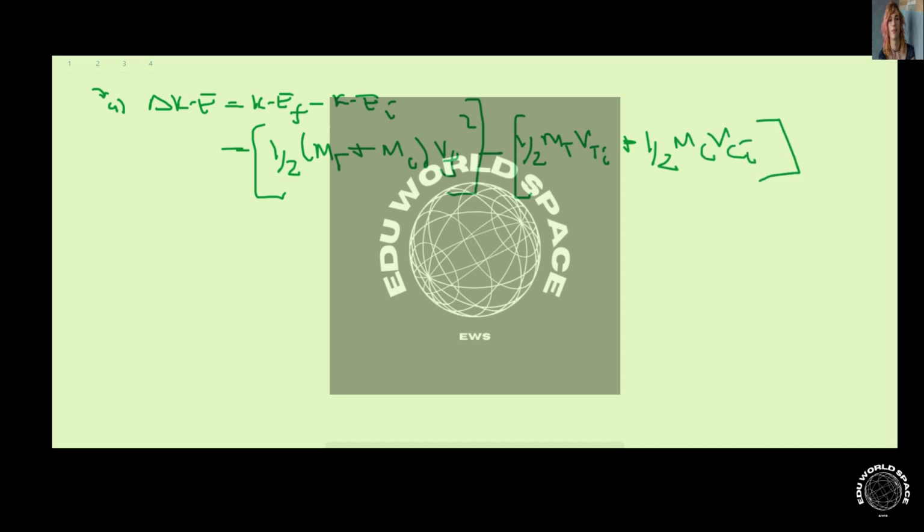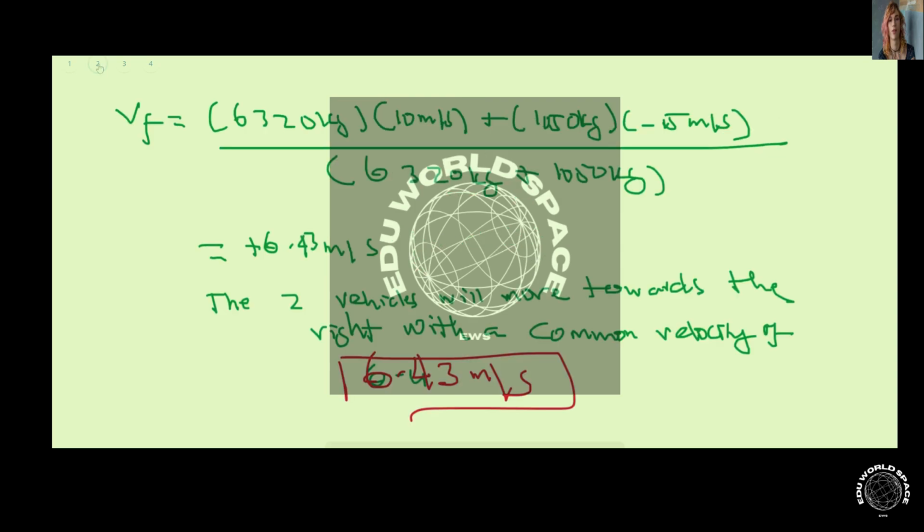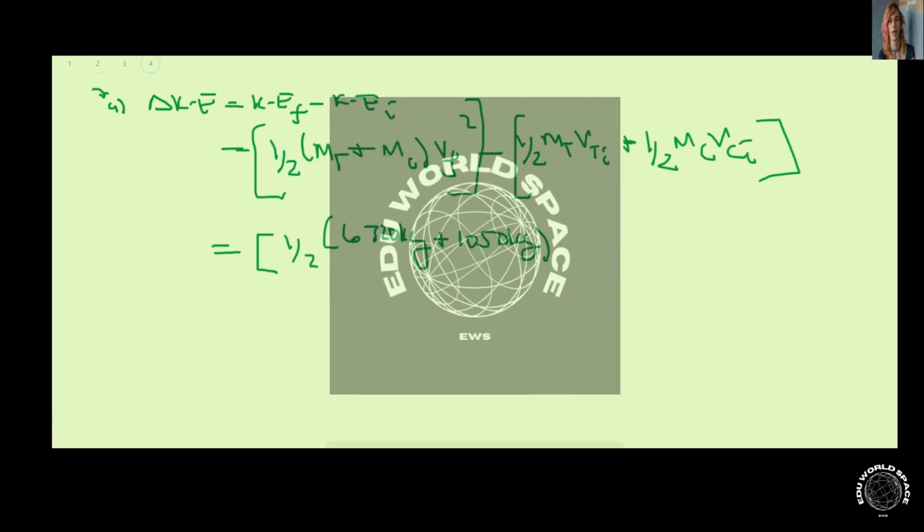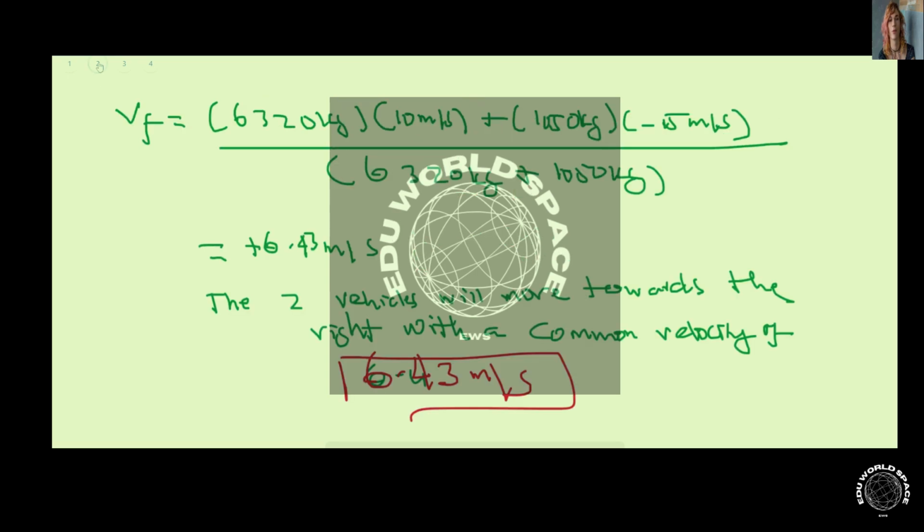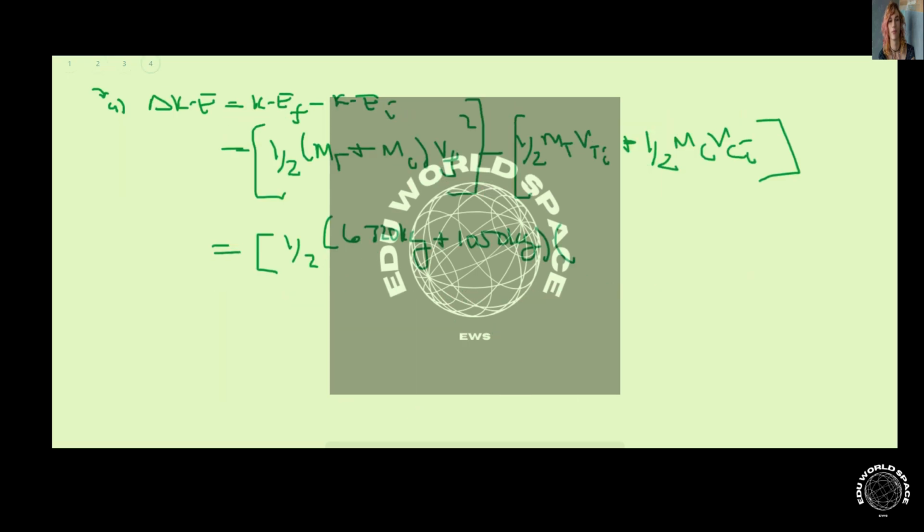When we plug in the numbers, we get 1/2 times 6,320 kilograms, plus the mass of the car, 1050 kilograms, times the final velocity that we computed, 6.43 meters per second. If you recall, it was positive, 6.43 meters per second. We square that, and then we subtract 1/2.